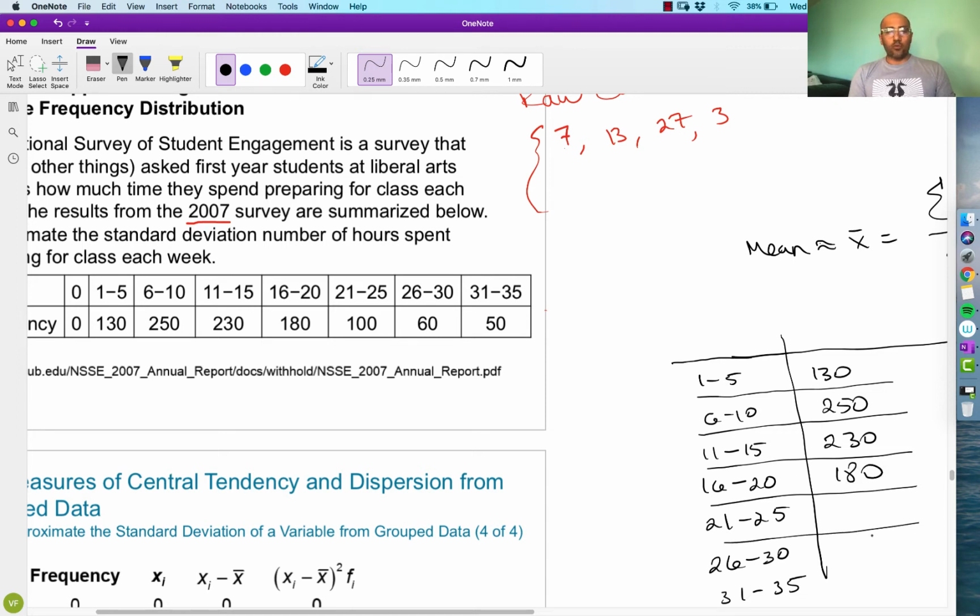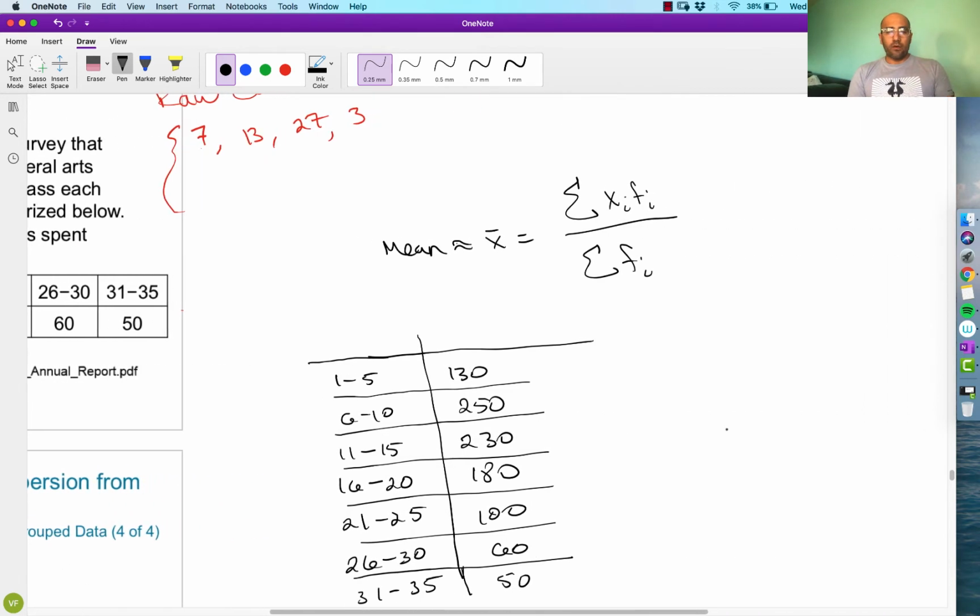For this group, the frequency was 100. For this group, the frequency was 60. And finally, for this last group, the frequency was 50. Okay, so these are my frequency values, where this is I goes from, right, so let's finish this table up.